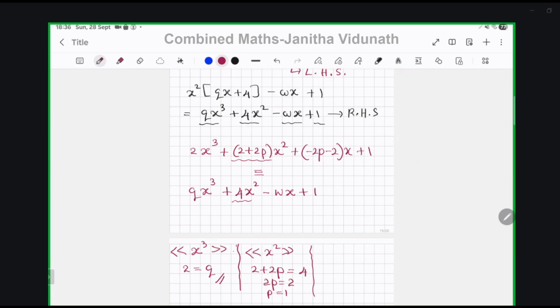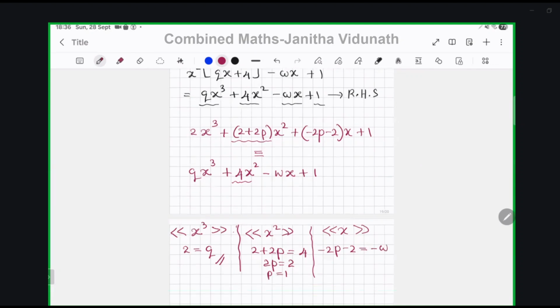Okay. Now we need to find the value of w. When we compare the coefficient of x, on the left hand side polynomial we have 2p minus 2. On the right hand polynomial, we have minus w.